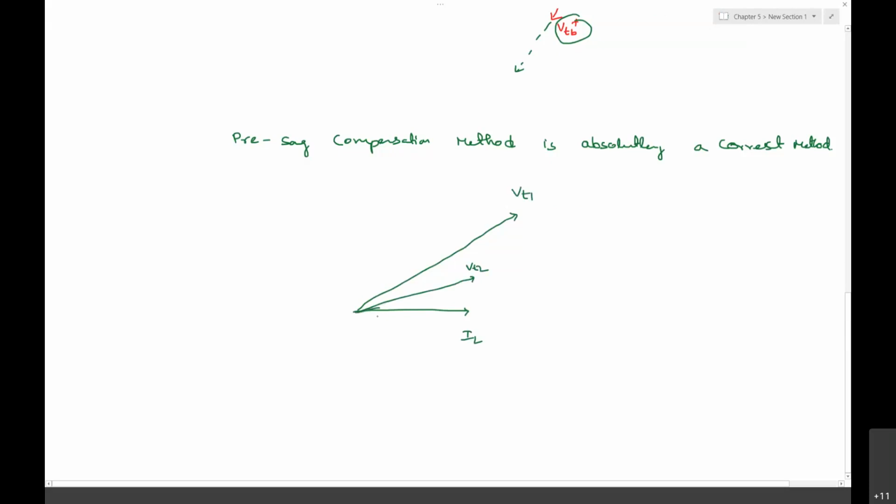They inject the in-phase injection, and with respect to power also they take the in-phase injection with respect to the IL. If you take only one case, it is the in-phase injection, the real power injection, this method.